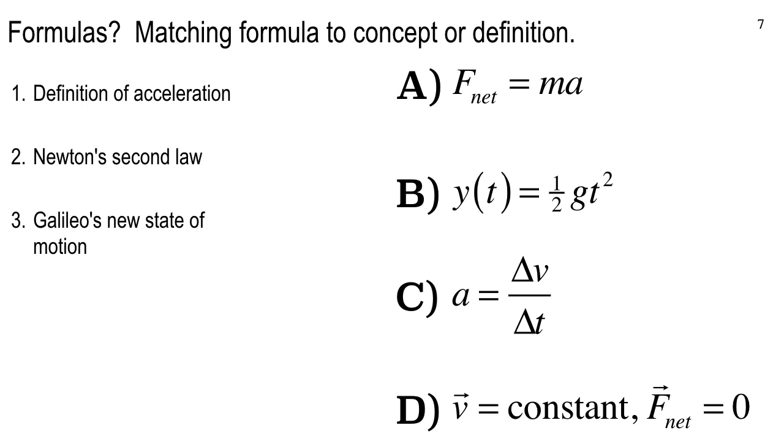We've talked about all of those except number 2, which we're going to talk about today, so I'll give you that answer when we get to it. Over on the right side you have letters A, B, C, and D. You have to say which one is the definition of acceleration, which one is Newton's second law, and so on. Then you fill that in on your Scantron.